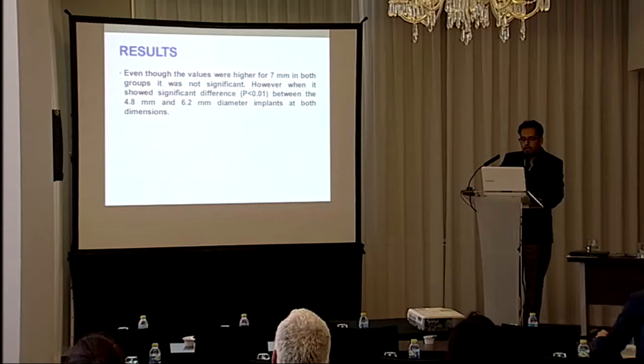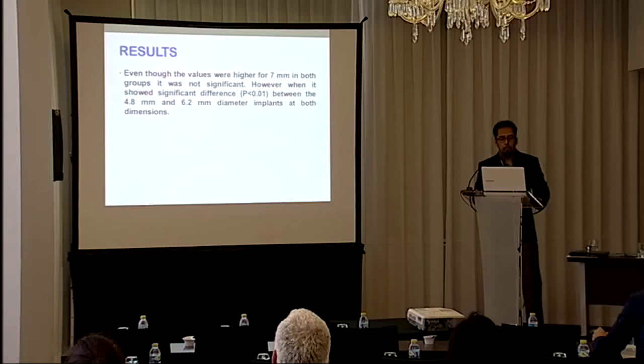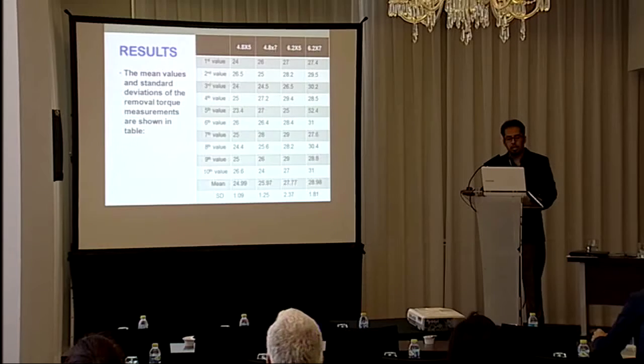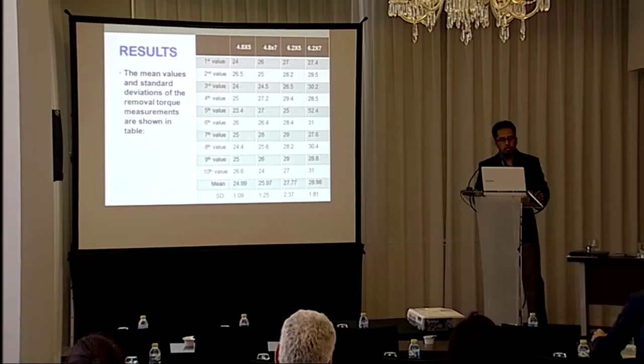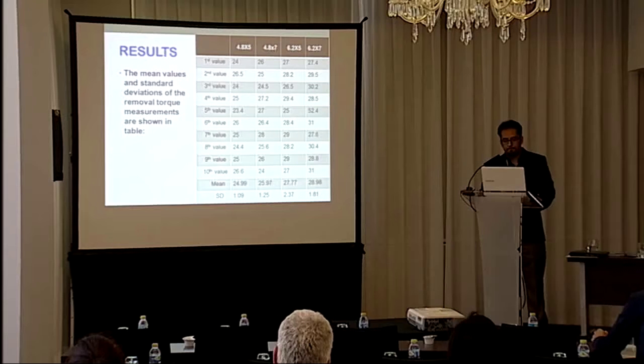Even though the values were higher for 7 millimeters in both groups, it was not significant. However, there was a significant difference between the 4.8 millimeter and 6.2 millimeter diameter implants at both lengths. The mean values and standard deviations of the removal torque measurements are shown in this table.